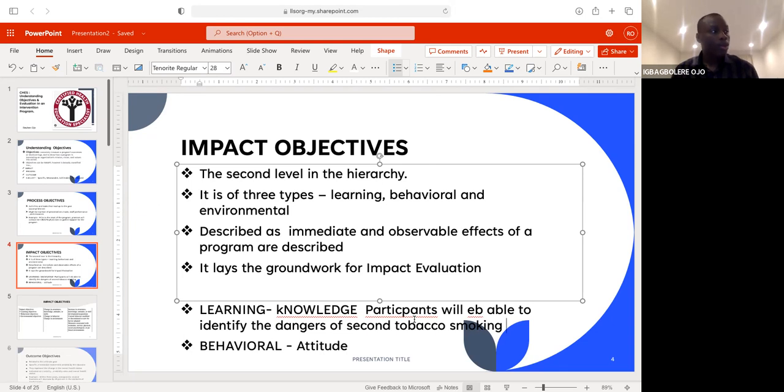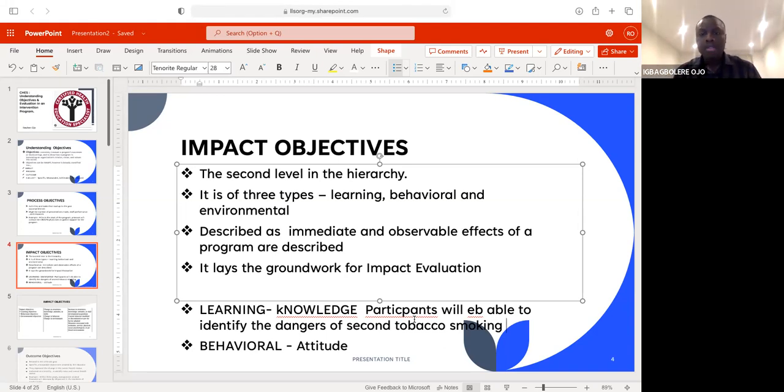It's something you can quickly point to. Oh, I just gained something in this intervention. That is a learning objective. That you just gained an extra knowledge, you just gained an extra insight, all right? That becomes a learning impact objective, all right?